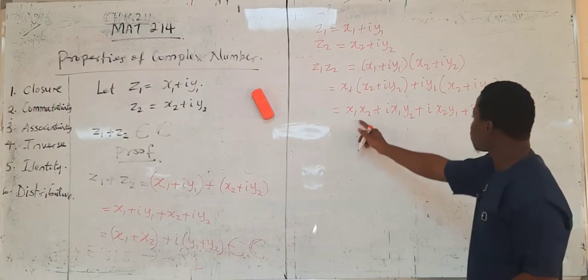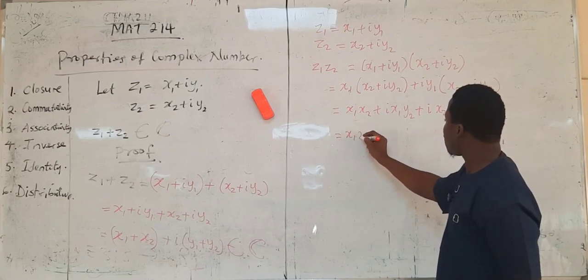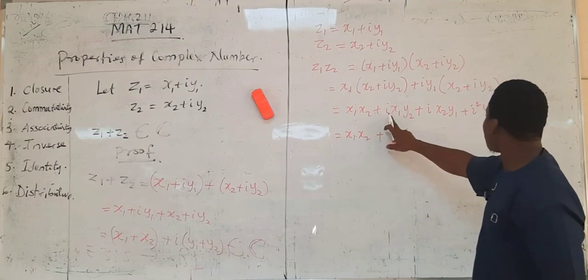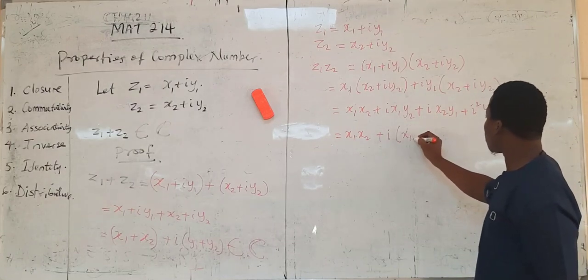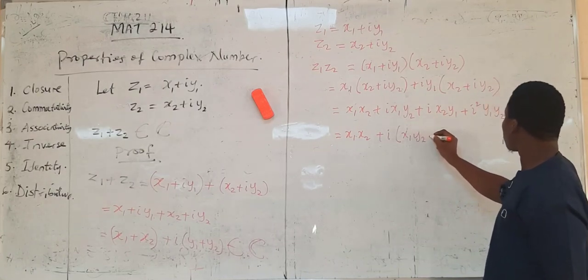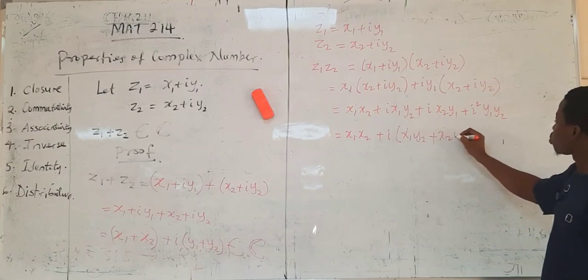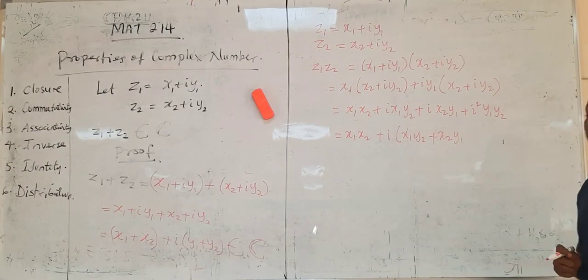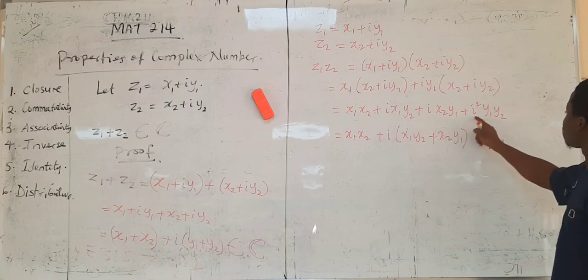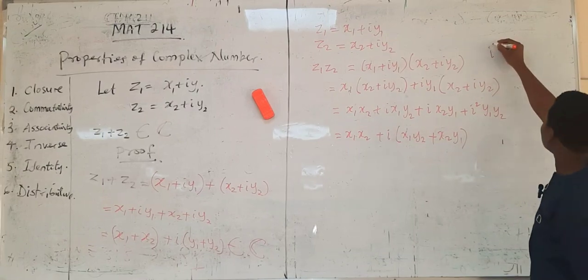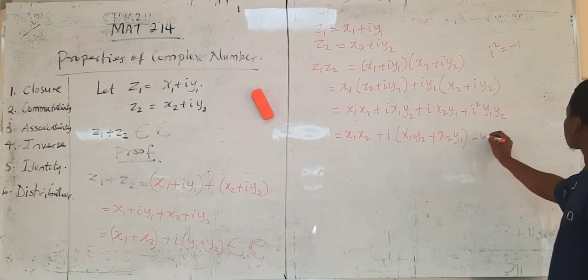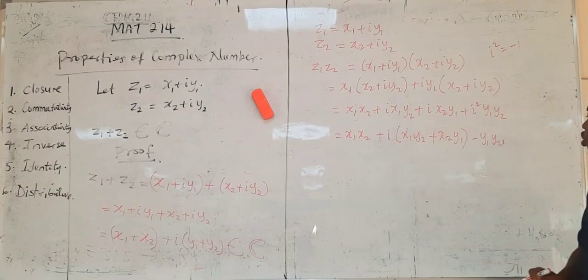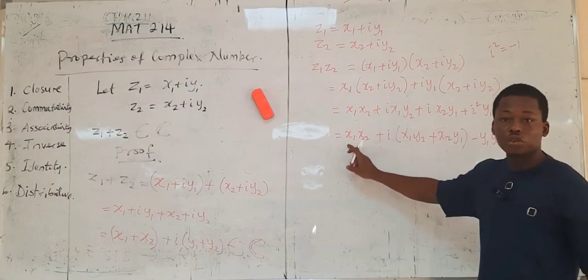So this is equal to x1x2 plus one i here and i here, so it comes out: i(x1y2 plus x2y1). Then this is minus, since i squared is equal to minus 1, so we have minus y1y2. So this is real, this is real, so you collect this and this.